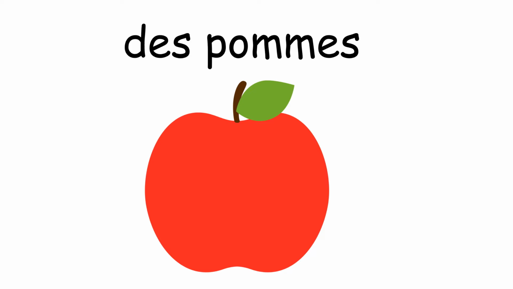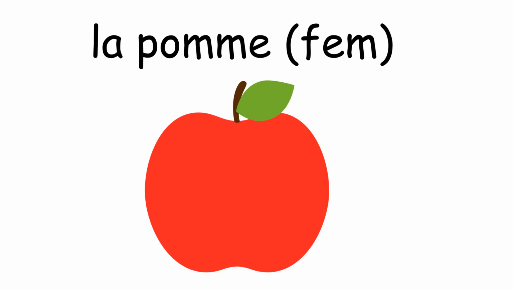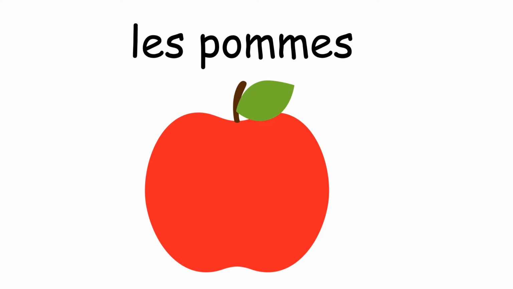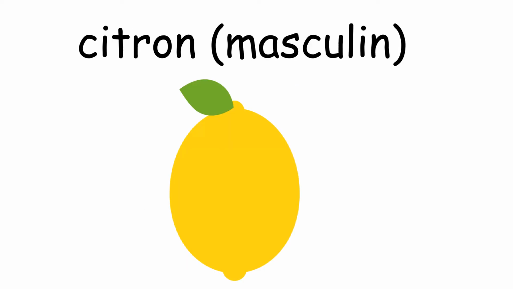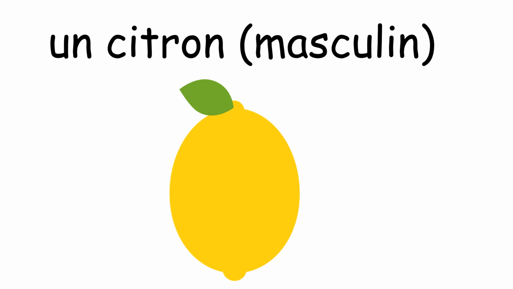Comment est-ce qu'on dit the apple? Oh, sorry, apples, des pommes. Comment est-ce qu'on dit the apple? La pomme. Et comment est-ce qu'on dit the apples? Les pommes, bravo. Ensuite, citron. Et citron, c'est masculin. Comment est-ce qu'on dit a lemon? Un citron, super.